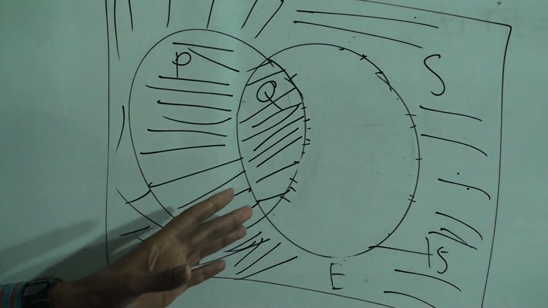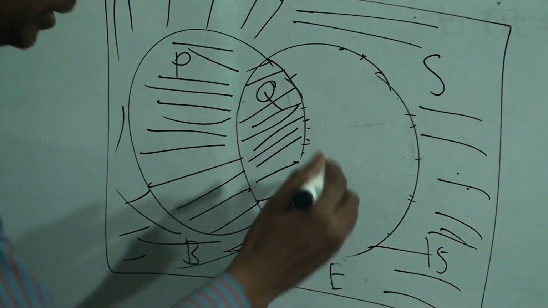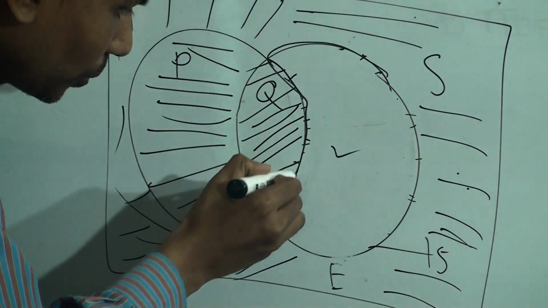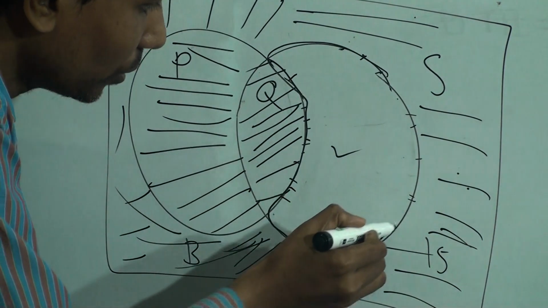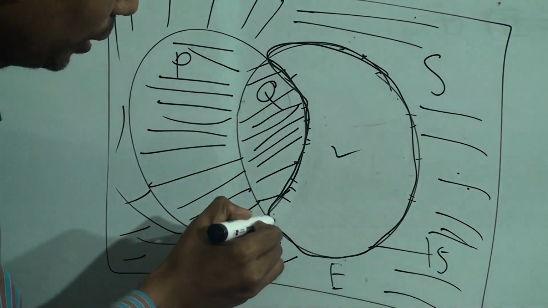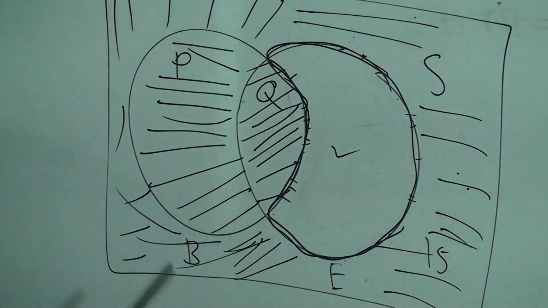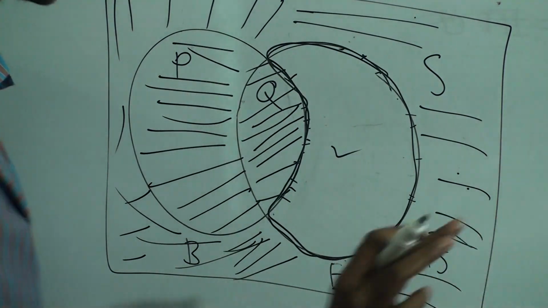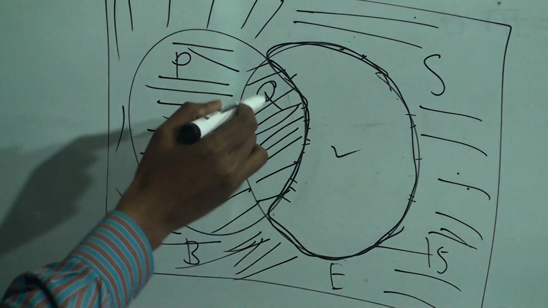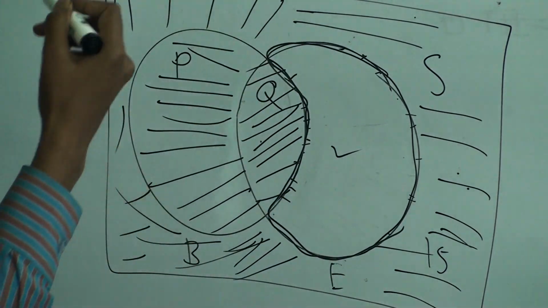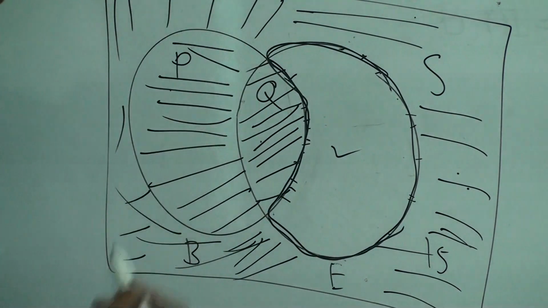Pass in only English, that means this area. You see the tick sign, that means look up to here. Only pass in only English is this area, and this 15, that means fail students, cancel. Then 48 students, that means pass in both subjects, cancel. Pass only in Bangla, this also cancel.